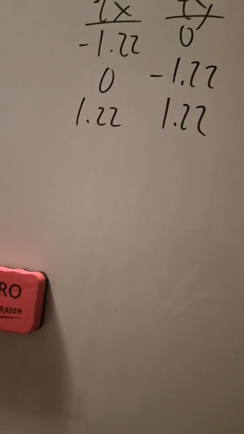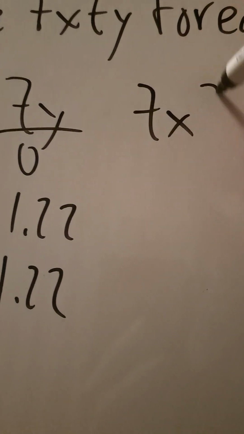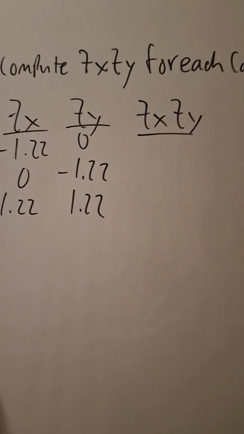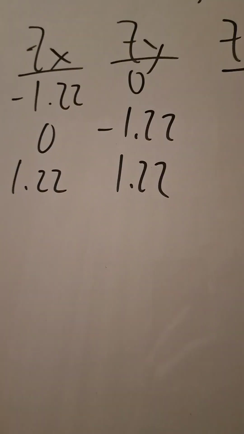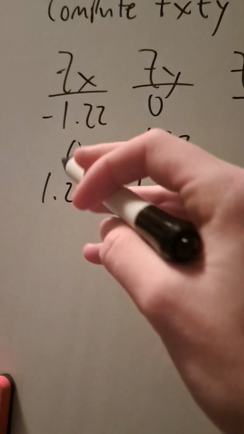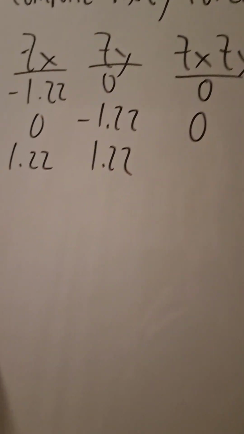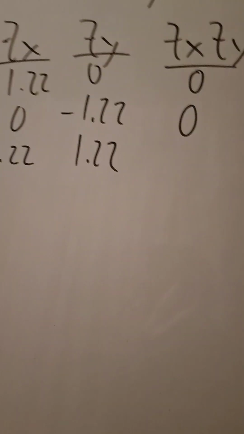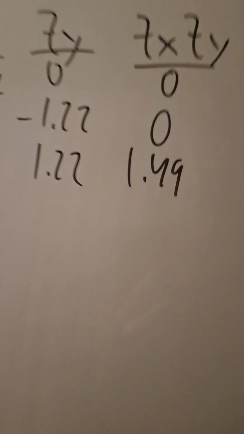Then we're going to make a third column, our z of x times our z of y, and we're just going to multiply right across. Negative 1.22 times 0 is 0. 0 times negative 1.22 is 0. So 2 zeros so far. And then 1.22 times 1.22 you'll find is 1.49.